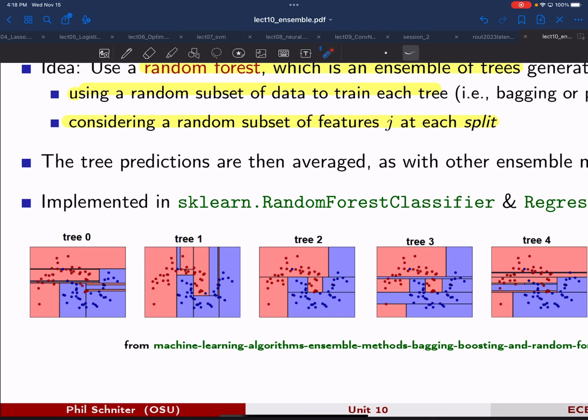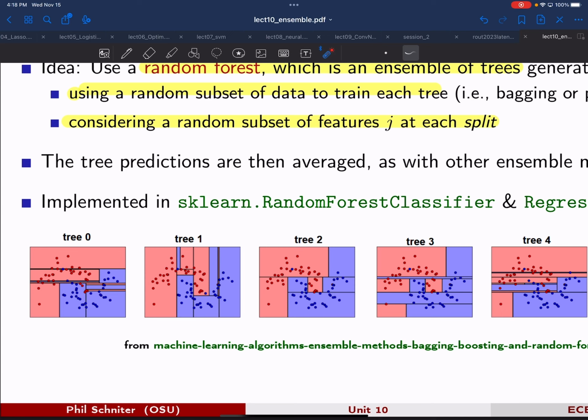The different regions are somewhat disconnected. This has to do with the fact that we constrained which features we could use at every split of the tree. In this case, there are only 2 features, so if we constrain them, we're only going to use one. We randomly choose whether to use the first or the second feature at every split. And of course, we're also using a random subset of the data so that each tree doesn't get to see the full data.